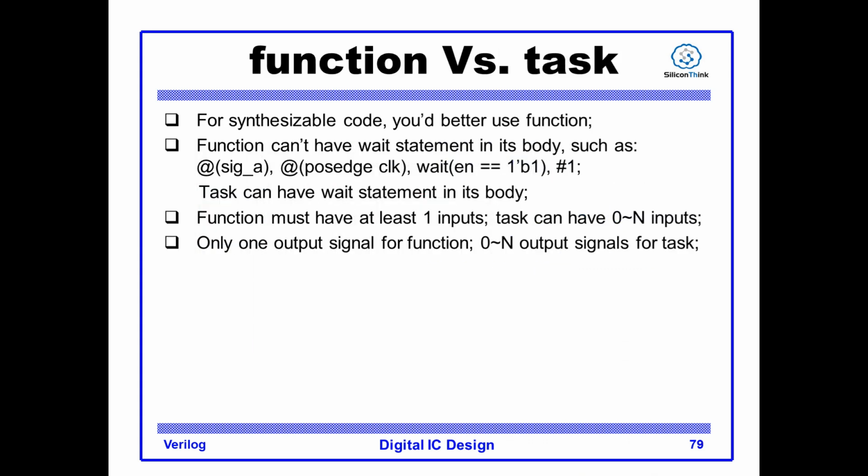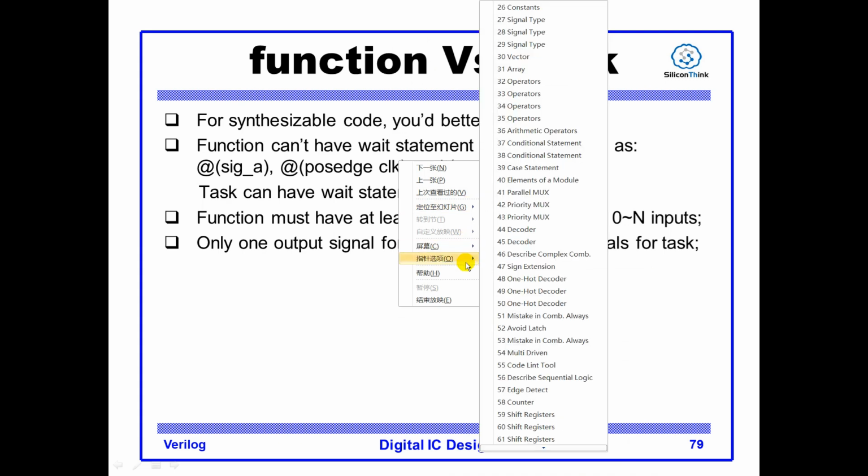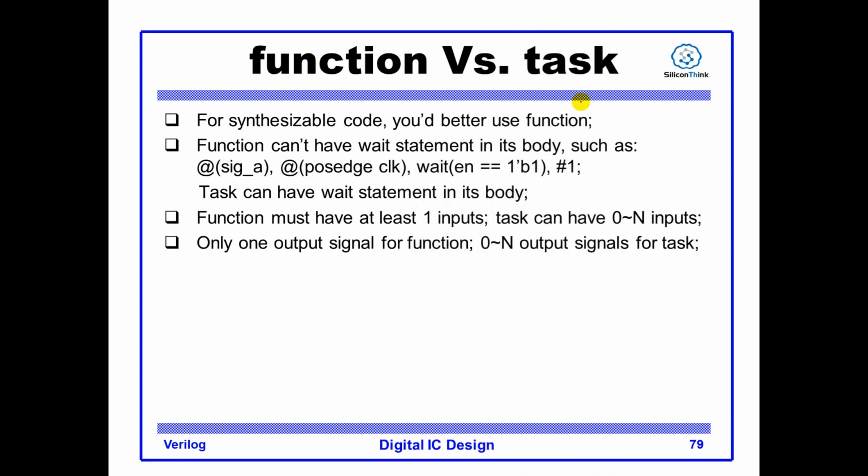Okay, let's summarize the difference of task and function. For synthesizable code, you'd better use function. In a function we can't have the wait statement in its body, such as waiting for some signals, waiting for the edge, or using the wait keyword to wait for the condition to be true, and waiting some time units.